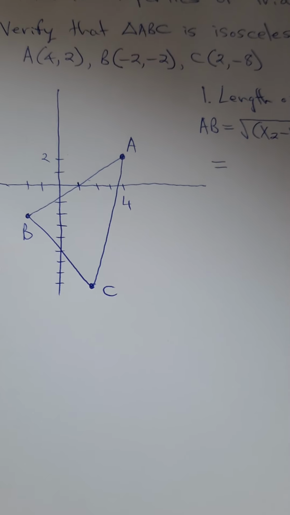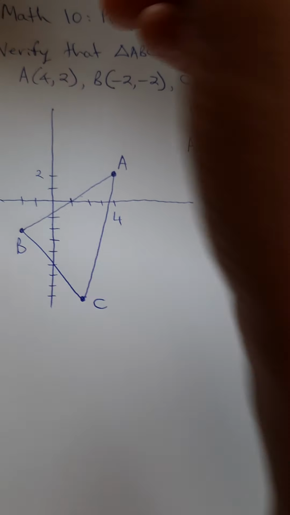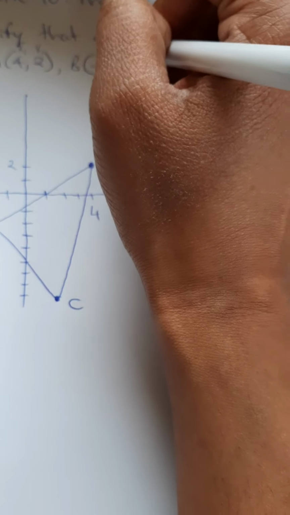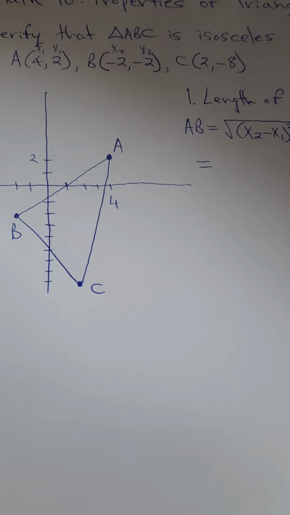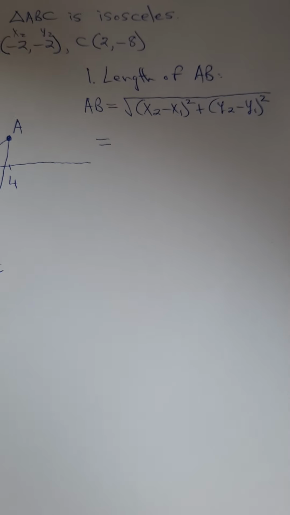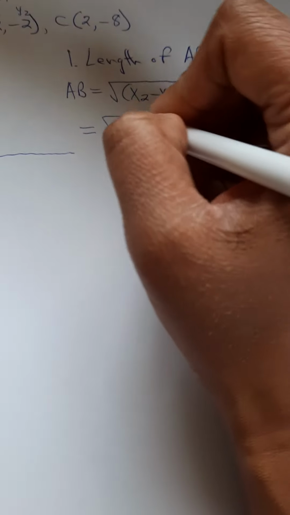Again, if you get confused, I would just make sure that I label it. So I'll label it for this one: x1, y1, and this is x2, y2. And you have to change the labels as we do each side of the triangle. So let's substitute it in here. Make sure you put the square root sign going all the way down.